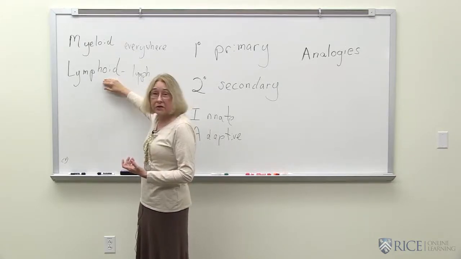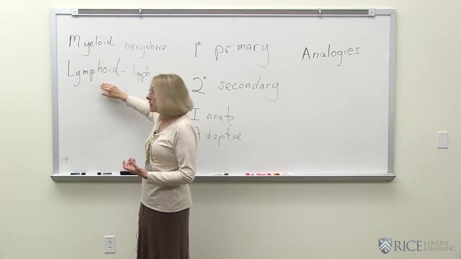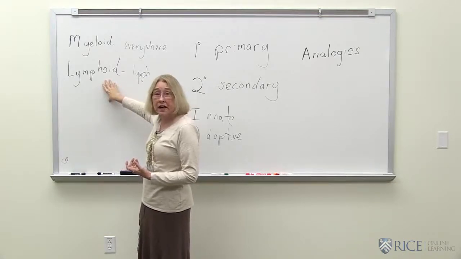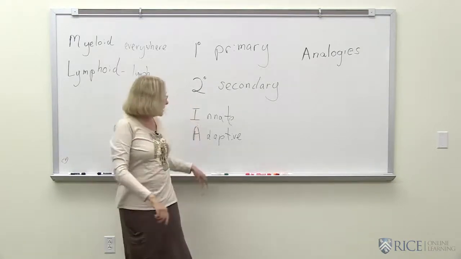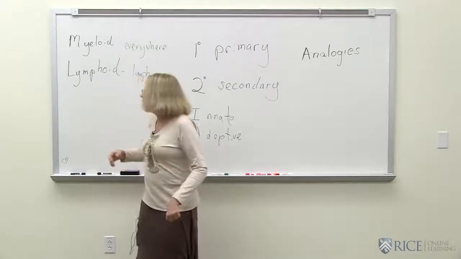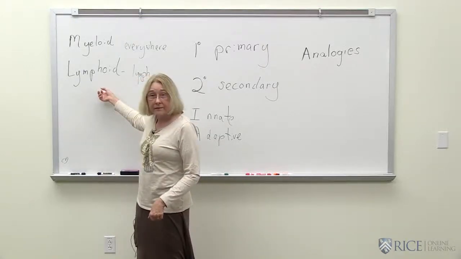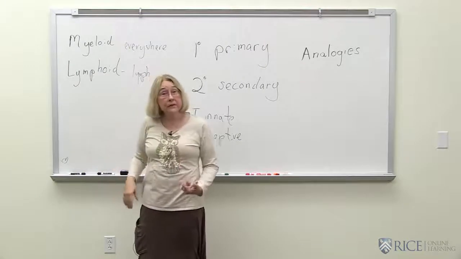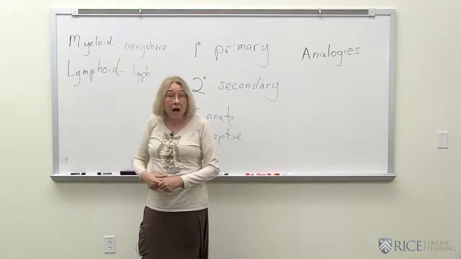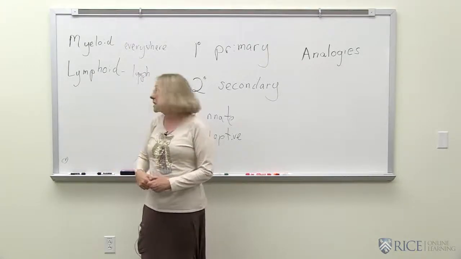The lymphoid cells are going to include your B cells and your T cells. So it turns out that everything that is adaptive is also lymphoid. There are, however, some lymphoid cells that are not adaptive, are considered to be innate.